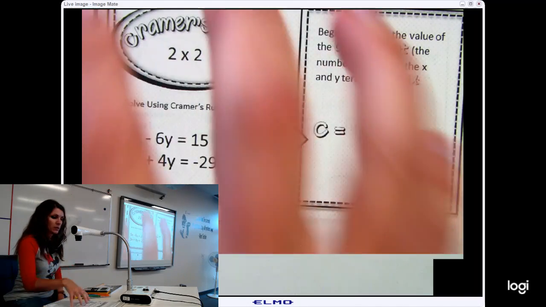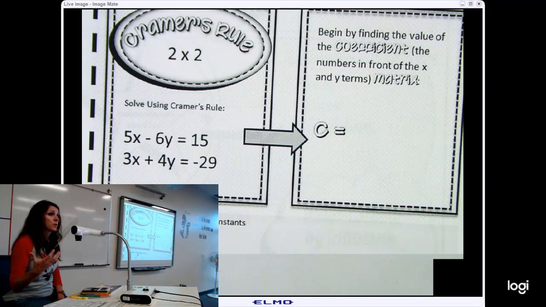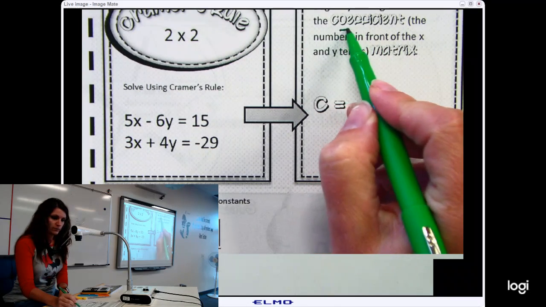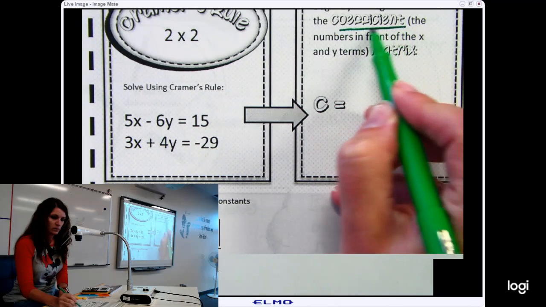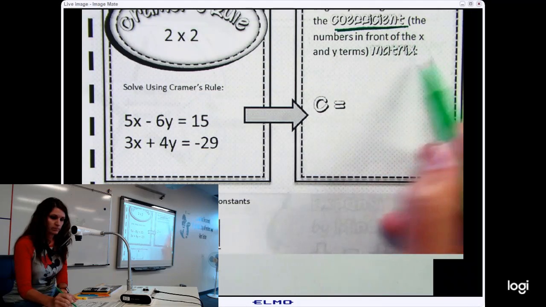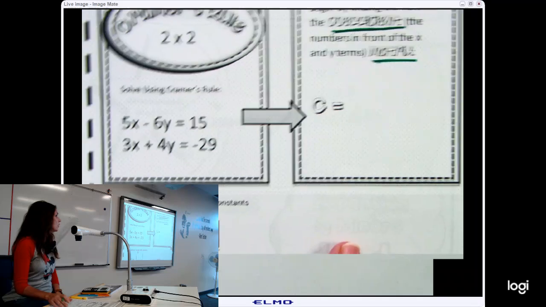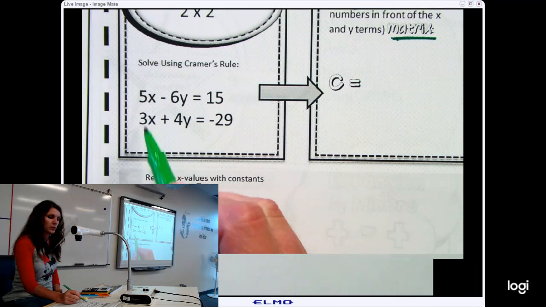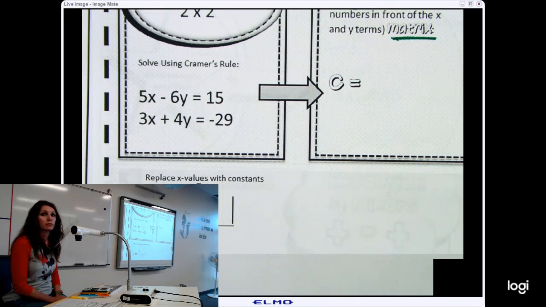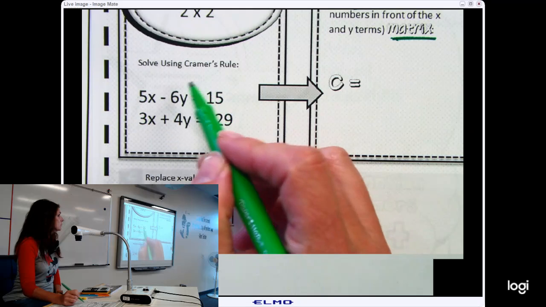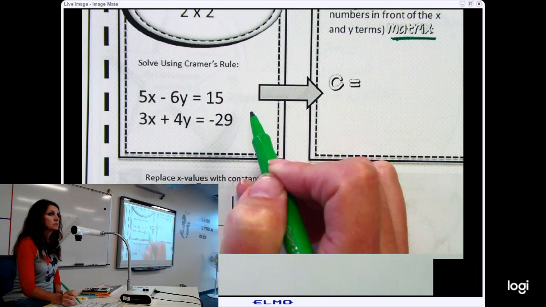We cannot do Cramer's rule without knowing how to do determinants, and that's why we just took a second to do that. C is the coefficient matrix. And I hope you guys are wise in the ways of knowing coefficients are the numbers in front of our variables. For this to work, you want to have your x's, your y's, your equals, and your constants.